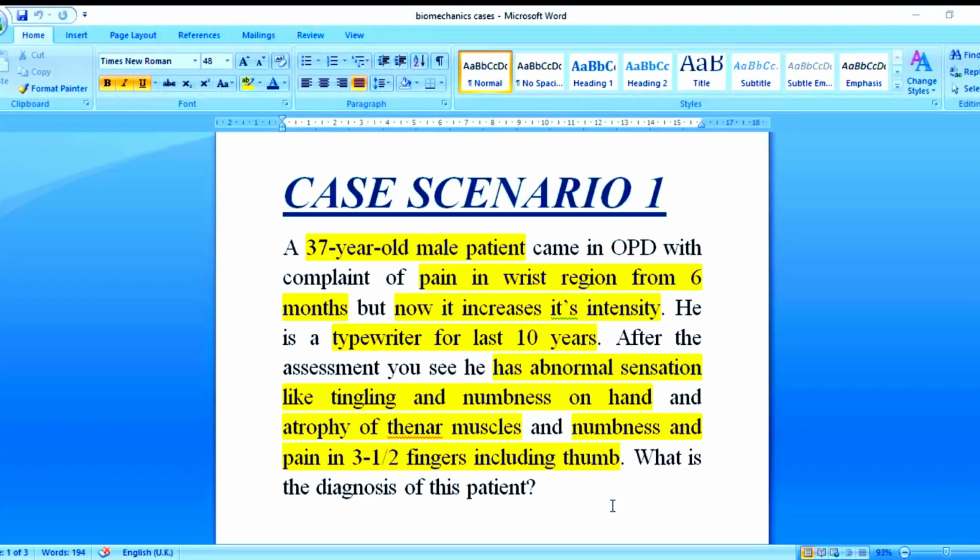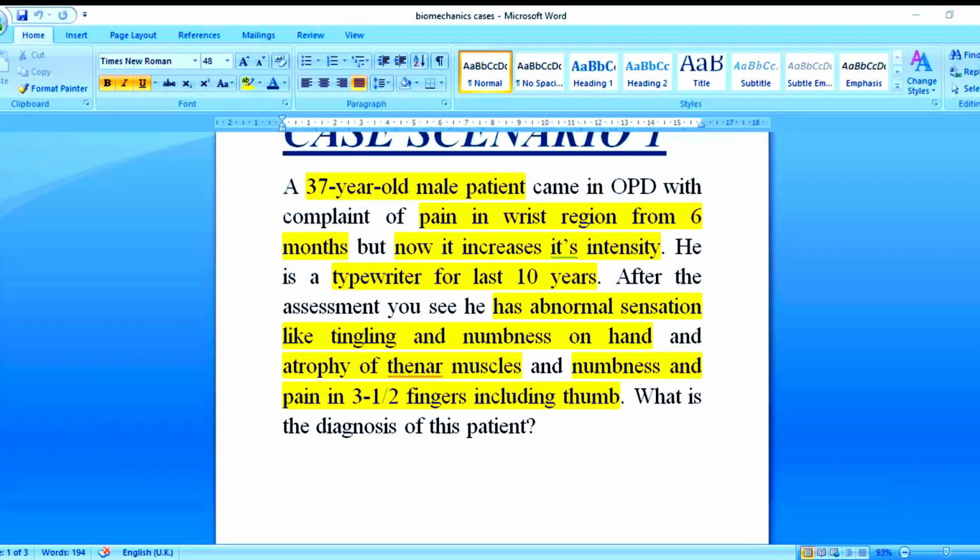So you can assume which nerve is the culprit here: the nerve that supplies the 3.5 fingers of the hand, and that nerve is the major cause of this disease. The nerve that supplies the hand and 3.5 fingers is the median nerve. So from here you can assume that the diagnosis of this patient is carpal tunnel syndrome.